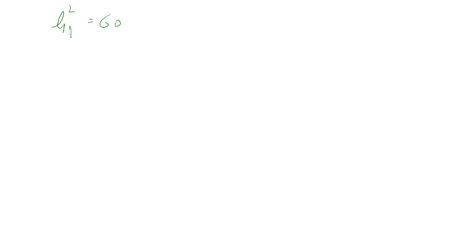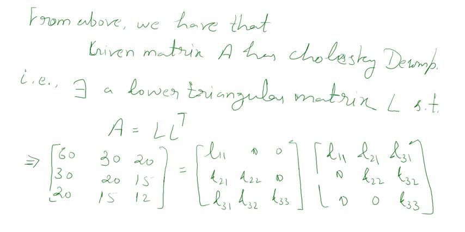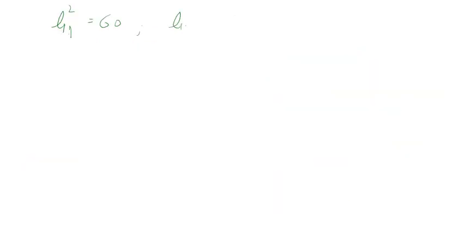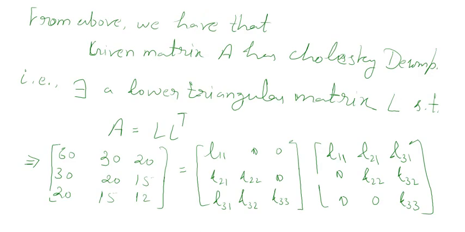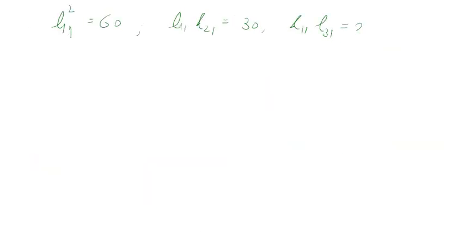First row, second column is L11 L21 is equal to 30. L11 into L31 is equal to 20. So from here you can go for L11 equal to the positive square root of 60.